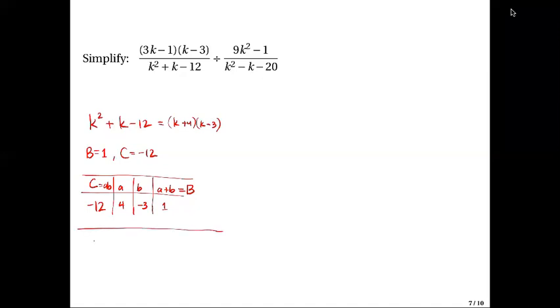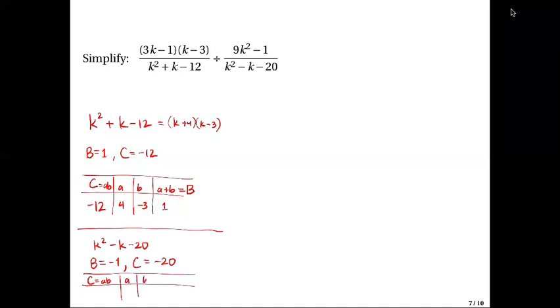Second one, you have k squared minus k minus 20. So as usual, capital B equals negative 1, capital C equals negative 20. So in here, you have capital C, which is equal to small a, small b.